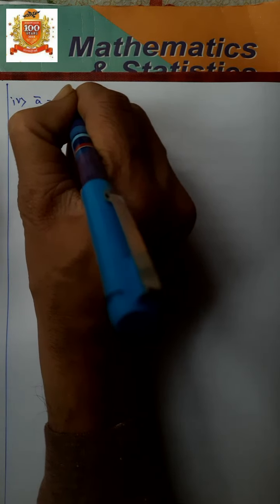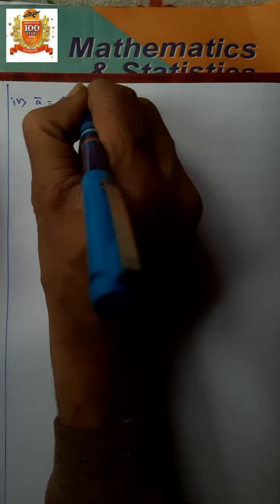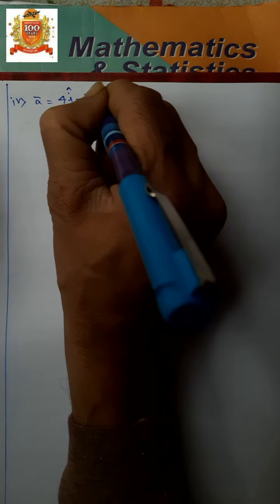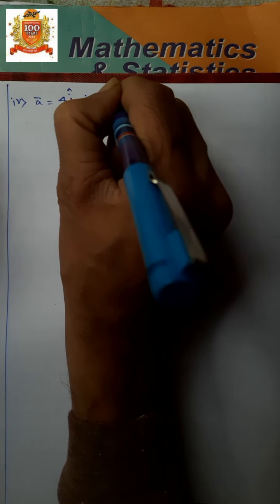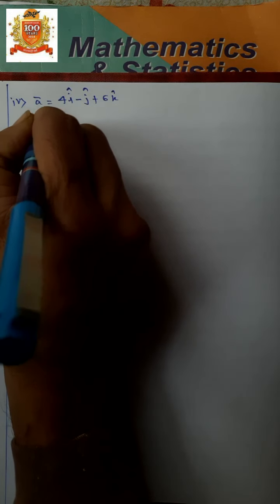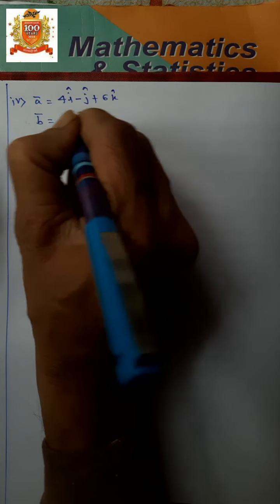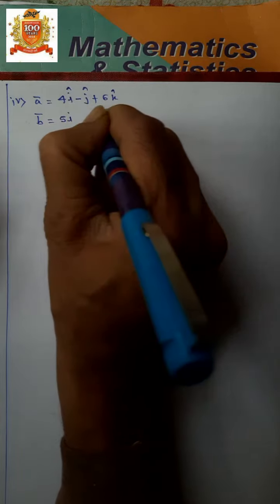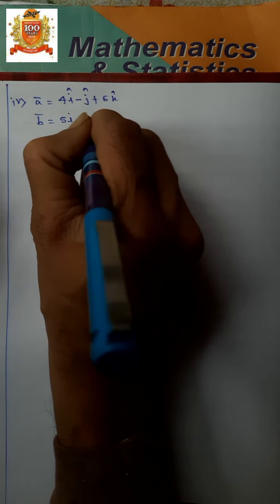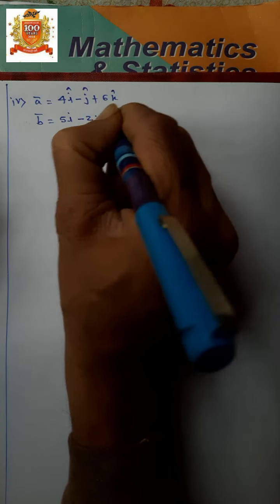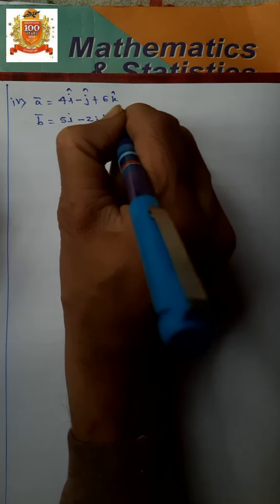A bar is equal to 4i minus j plus 6k. B bar is equal to 5i minus 2j plus 4k.